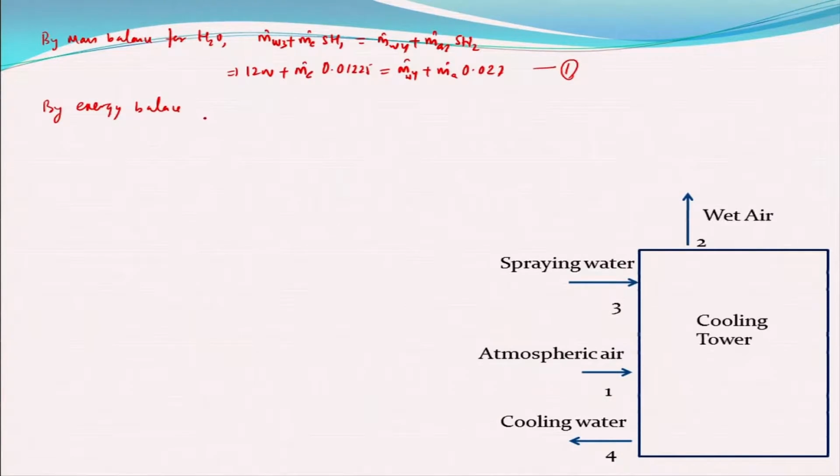By energy balance, I can get MW3 H3 plus MA H1 equal to MA H2 plus MW4 H4. So from this I can get MW3 H3 minus MW4 H4 equal to MA times H2 minus H1.